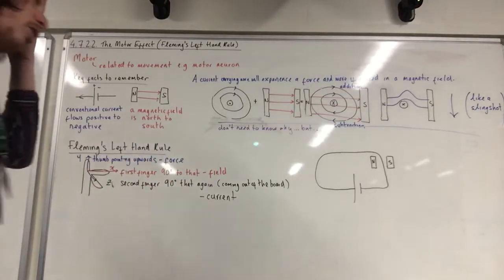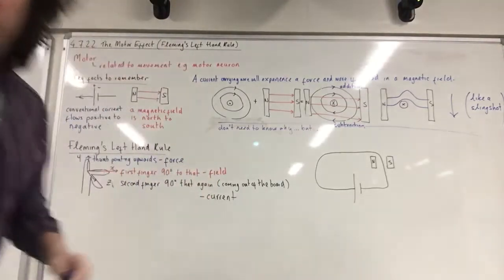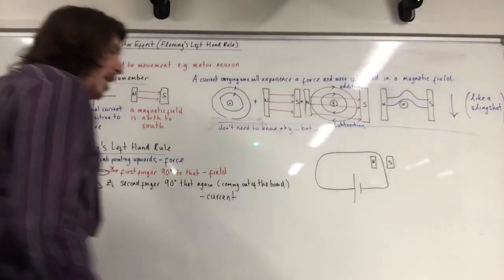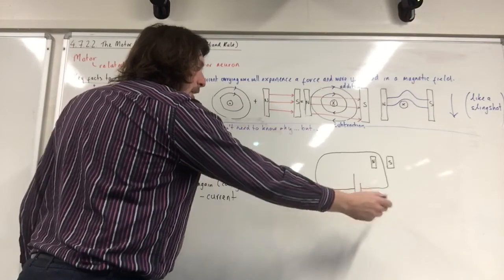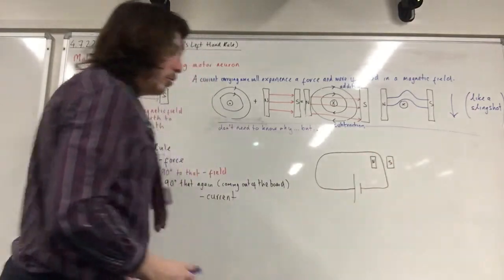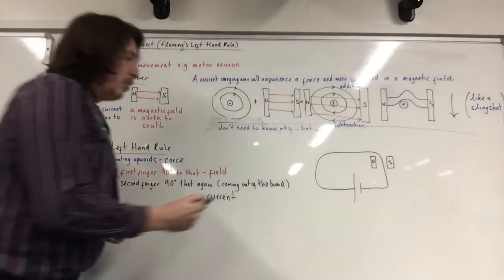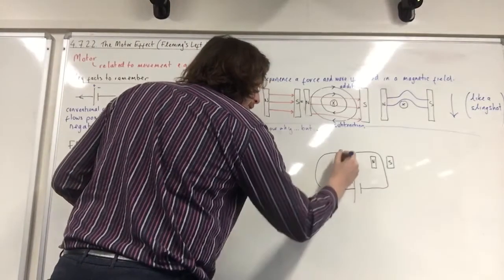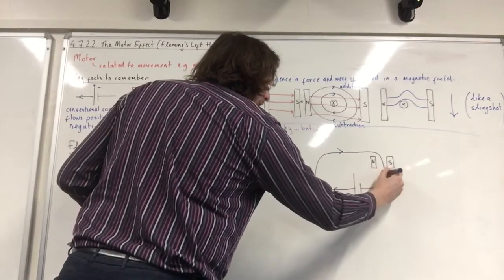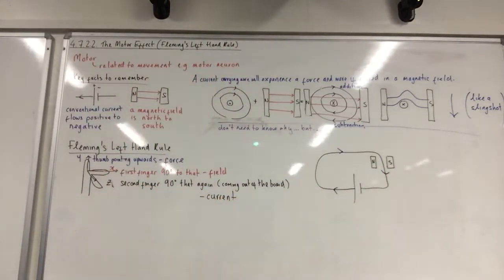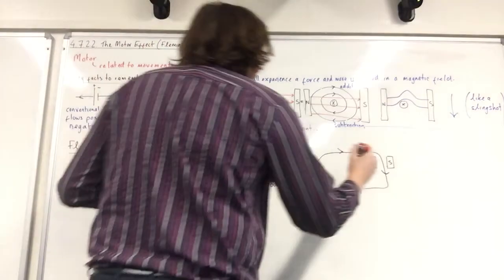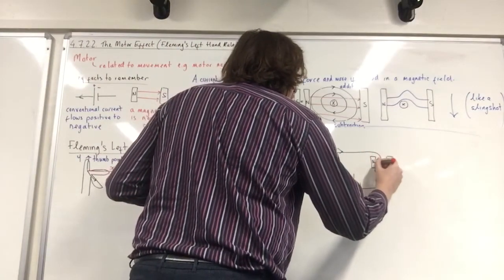So let's have a look at an example to predict the direction that this wire moves in. Here, we've got a wire connected to a power supply, and we've got a magnetic field moving from north to south. So, the current flows around the circuit this way, because it's going from positive to negative. The magnetic field is travelling from north to south.